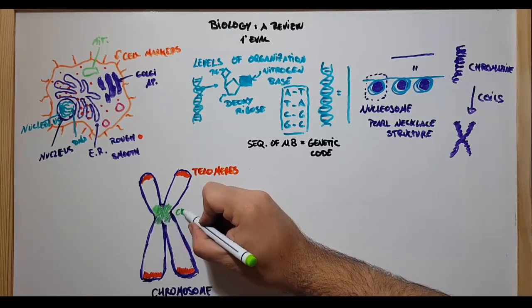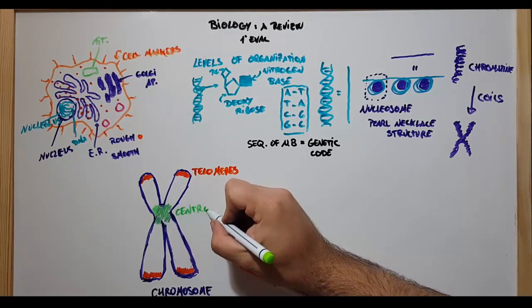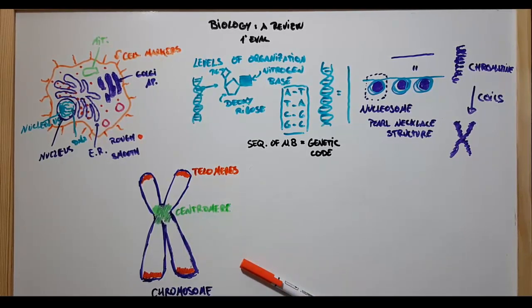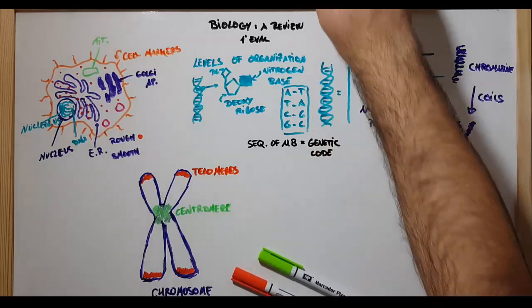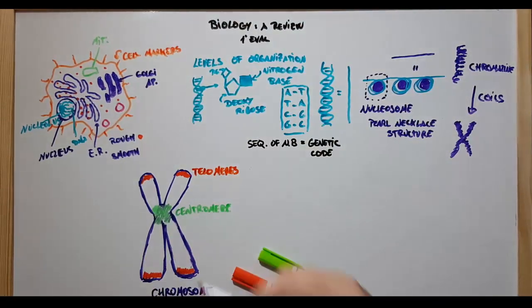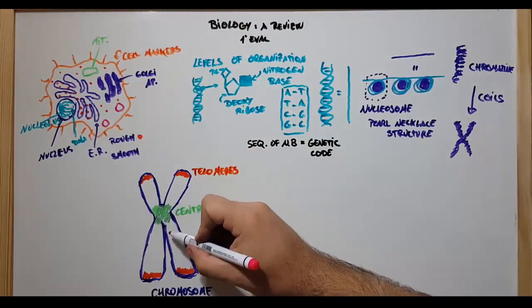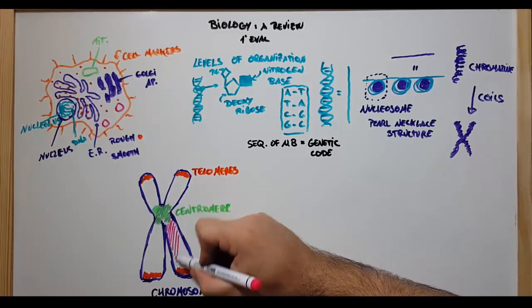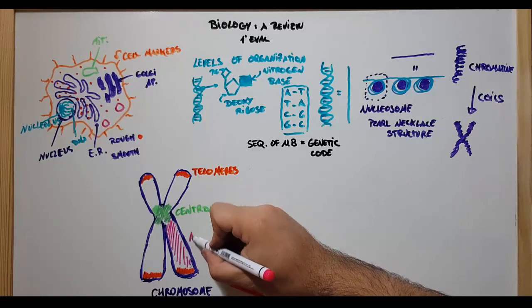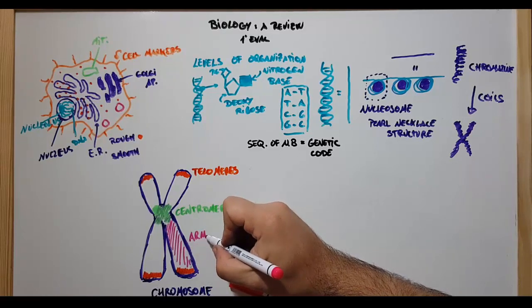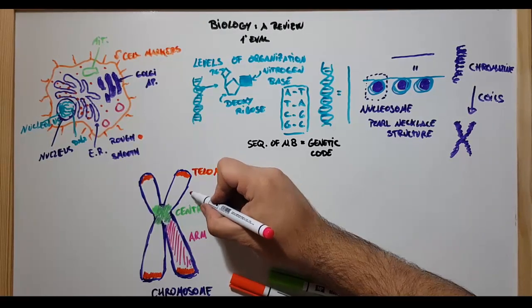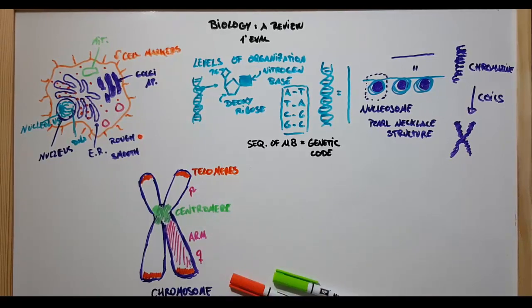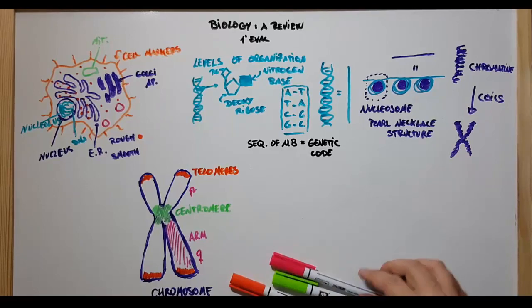This is called the centromere. Then we have arms, okay? This is an arm. The upper arms are going to be the P arms, and the lower arms are going to be the Q arms.